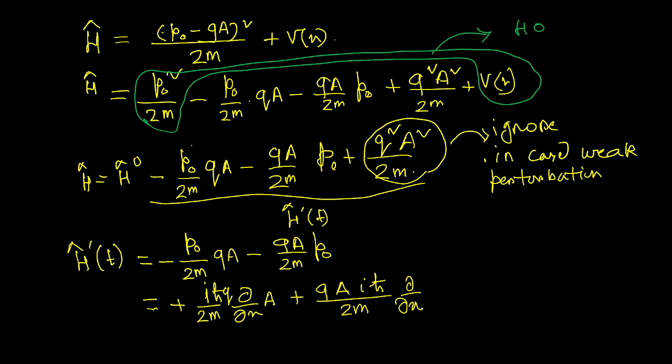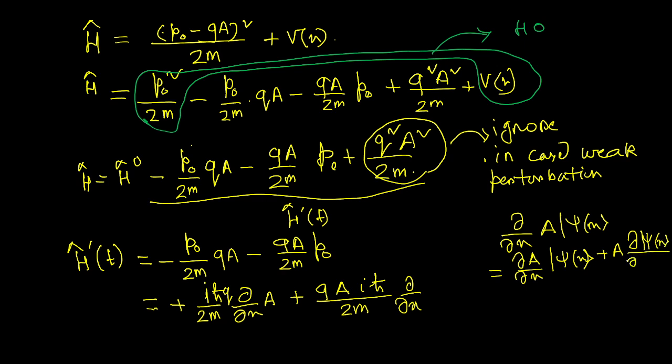Now if we take this a little bit more carefully, then what we will find is it can be written as del dot A psi x and A into del psi x. Now from the Coulomb gauge we know this is 0, so we are left with this.